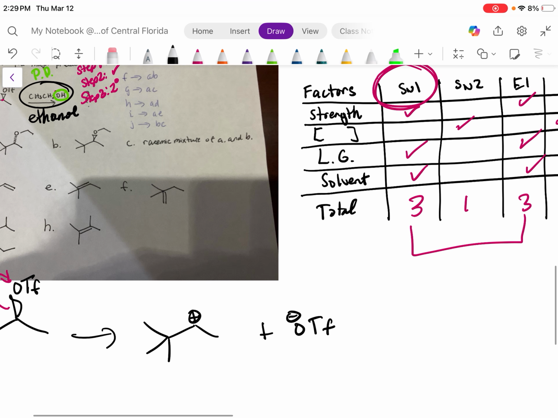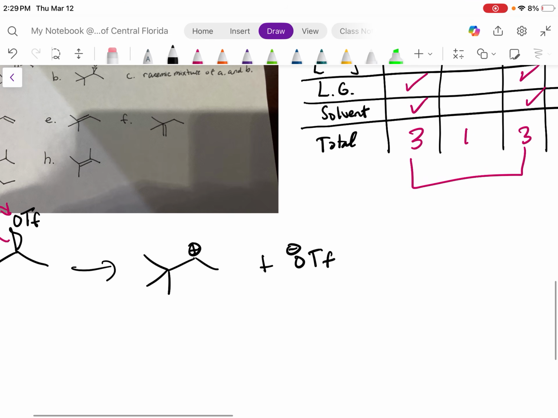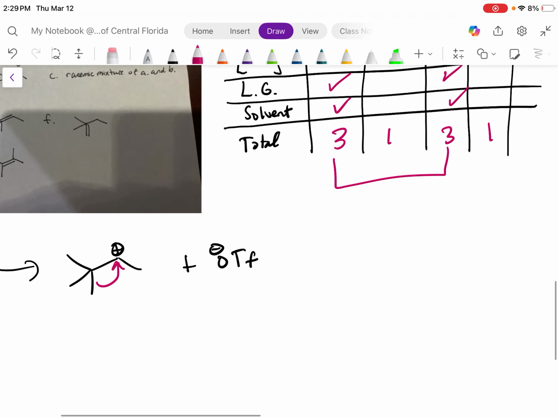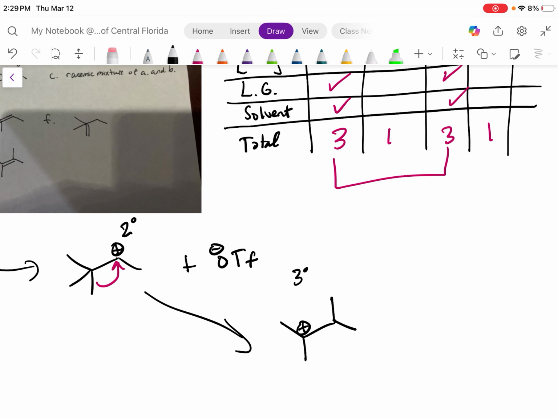And what are we supposed to do whenever we have a secondary carbocation? We look for rearrangements. And so what's going to rearrange is a methyl group. That's going to shift over. So that's going to give us a methyl group there, and then that. So now we've gone from a secondary carbocation to a tertiary carbocation.